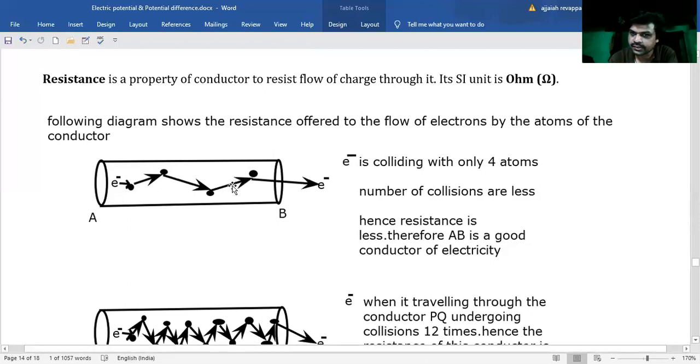Metals are good conductors of electricity. They offer very little obstruction, less resistance to the flow of electrons. Here, very few collisions.